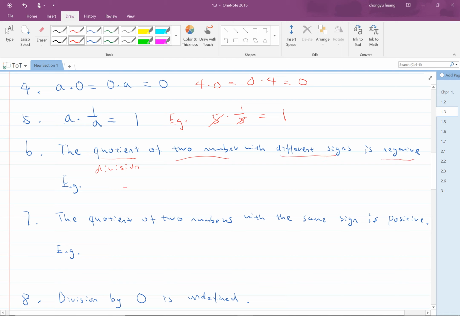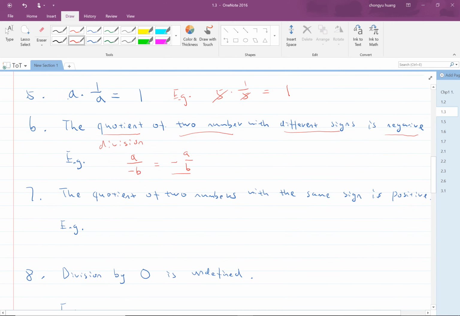A real example is A and negative B. The quotient means division of two numbers with different signs. We can see here A is positive and B is negative, so positive and negative is going to be negative. That is how this rule is applied, so you see this is negative.